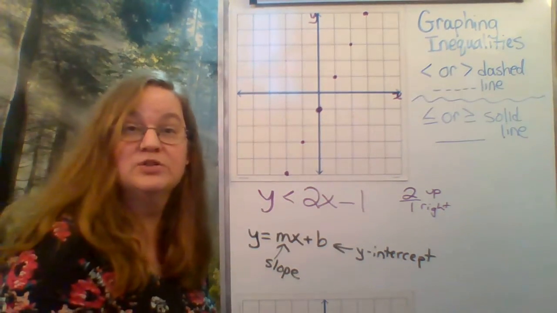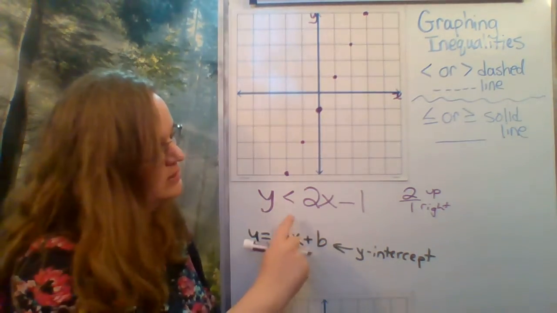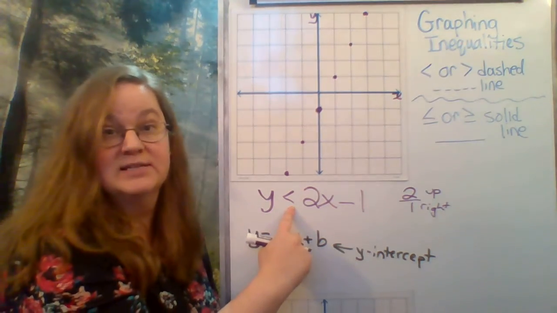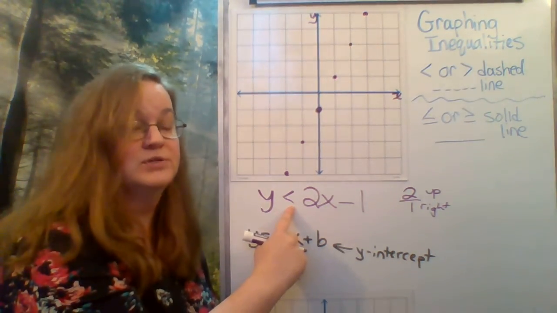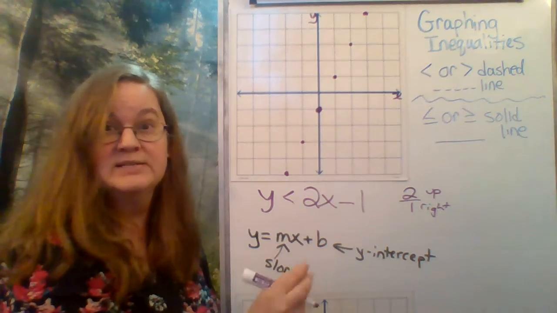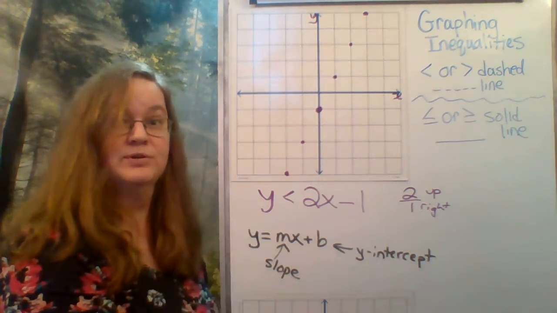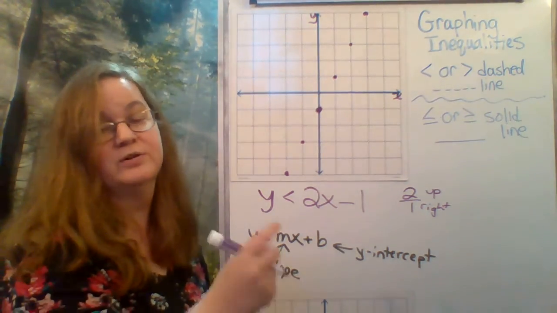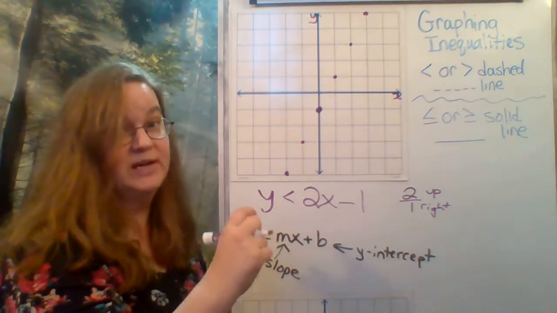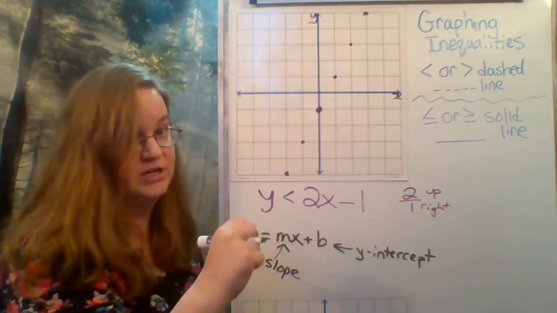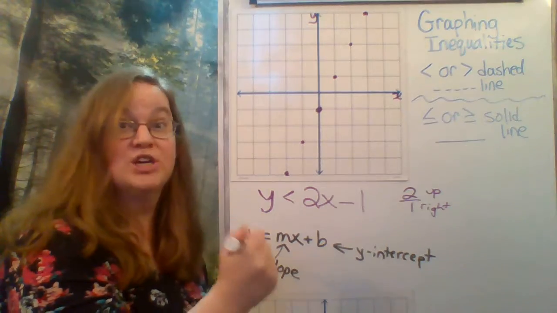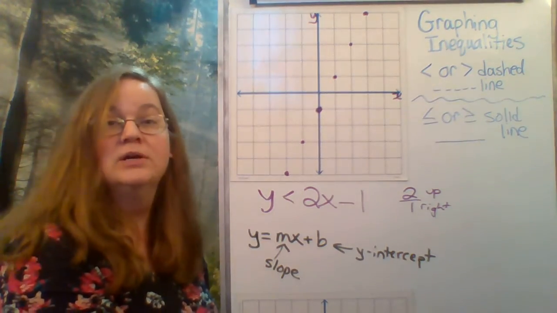Now, here's where things start to get a little bit different. This inequality sign is a less than sign. It's not "or equal to." If you remember with the number line, sometimes we had an open circle or a closed circle. It was open, not shaded in, or you had it shaded in because it was "or equal to."